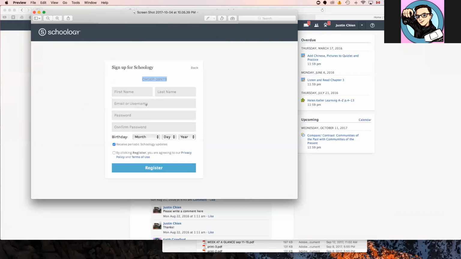You could just enter a username. Again, keep it appropriate. Something with your first name would be nice, and a number, nothing too major. And then choose a password, confirm your password, and then write that password down, because you're going to need that password later. And if next week you forget your password, we're going to have to start this process all over again. So it's a good idea to write your password down. That way you won't have these issues.